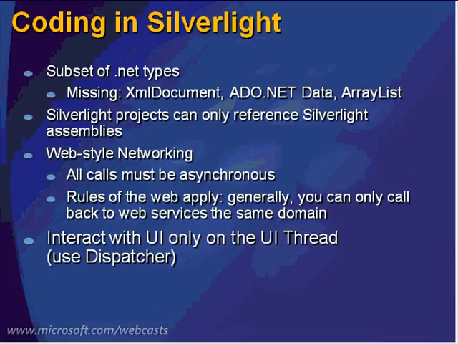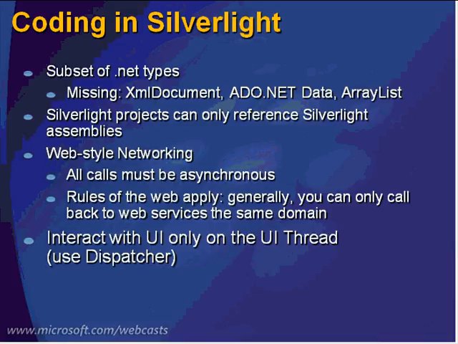If you want to access some other objects, those also need to have been compiled for Silverlight in order for it to work. The networking in Silverlight is REST-style, meaning that all calls are asynchronous. So when you ask for some data, the next line of code is not going to be where you receive the data coming back to you. Rather, you're going to have an event handler of some sort that's going to get that data when it comes back.